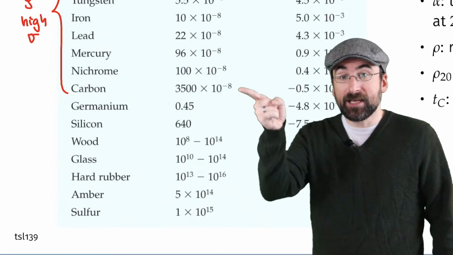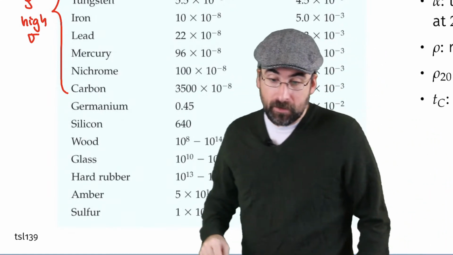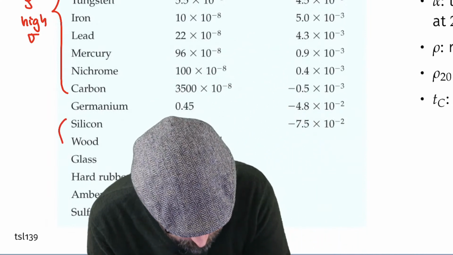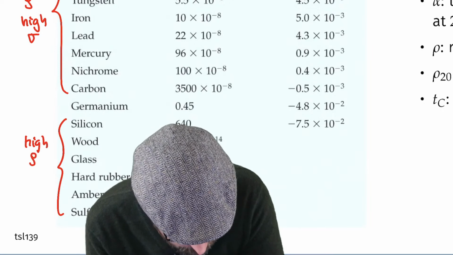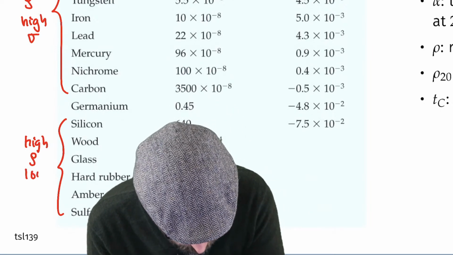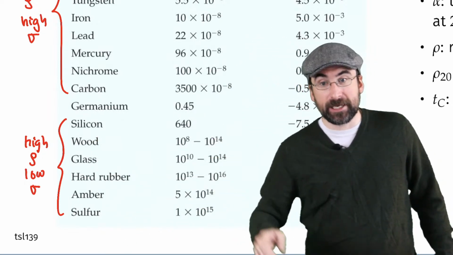Note that that is 24 orders of magnitude removed. These all down here have high resistivity, therefore they have low conductivity, and that's what marks these as insulators.